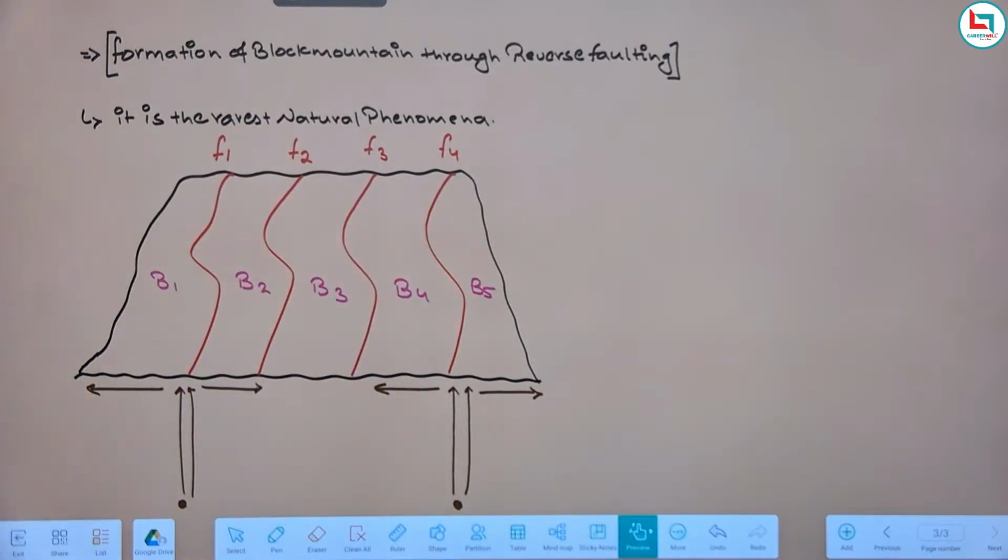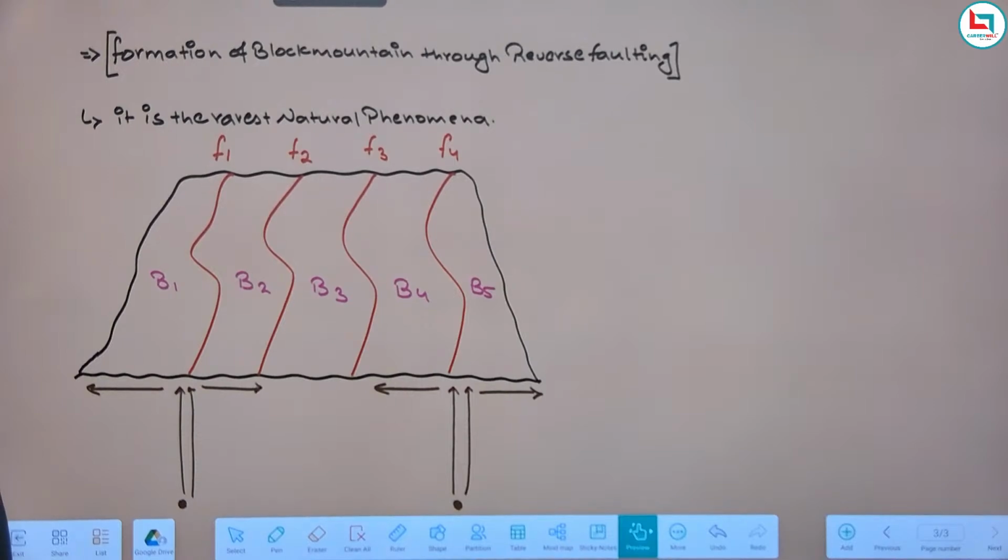Multiple fault lines are present over the Inselberg, and there is the presence of mantle plumes at the corner, under fault line 1 and fault line 2. So B2 and B4 will converge, and B3 is in the static position.